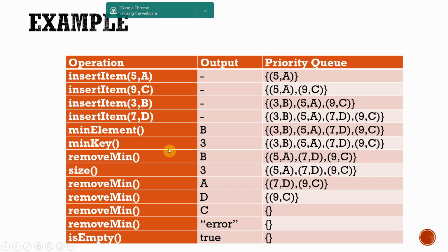So here you see an example where we have an empty priority queue, right? And then we insert an item, which is A, and A has priority 5. And then we insert another item which has value C and it has key value 9. So this is the priority, right? And we keep doing that, we keep enqueuing, we keep inserting, right?